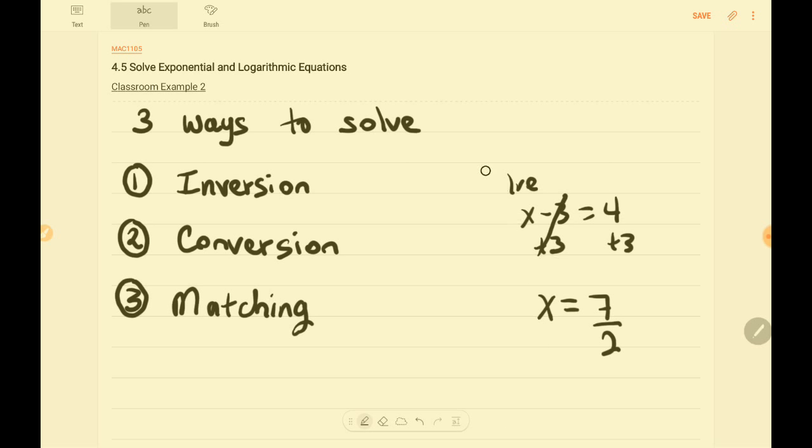I also want to remind you that logarithms and exponential equations are inversely related.